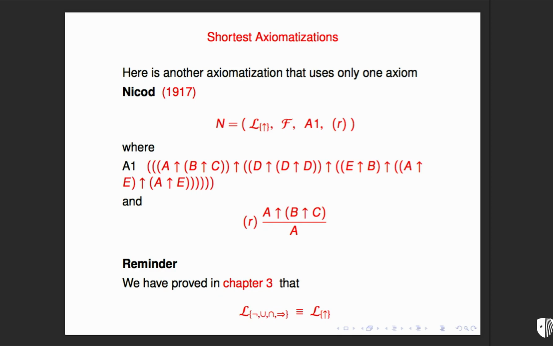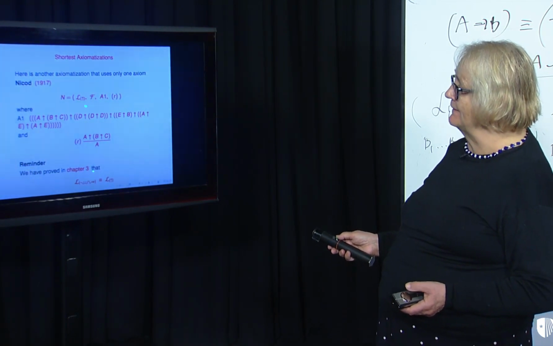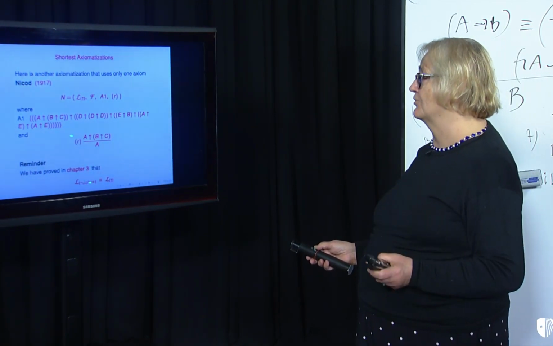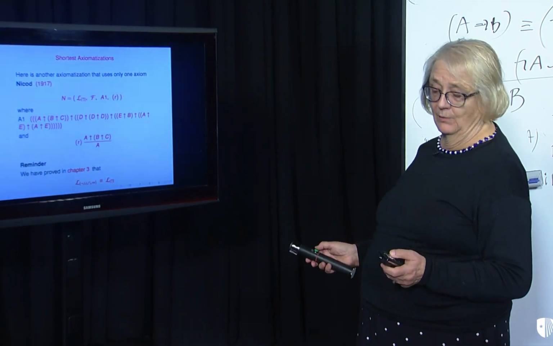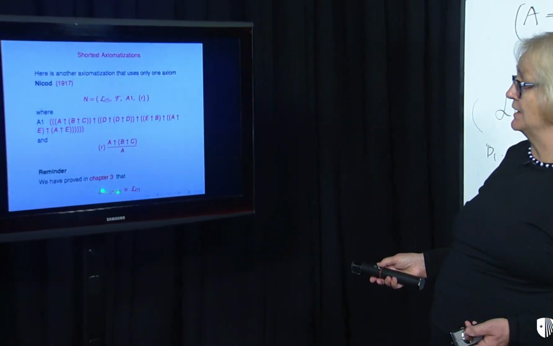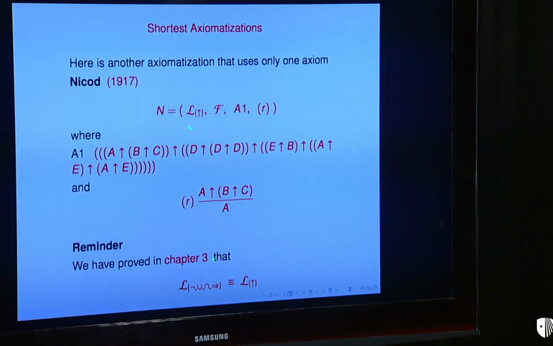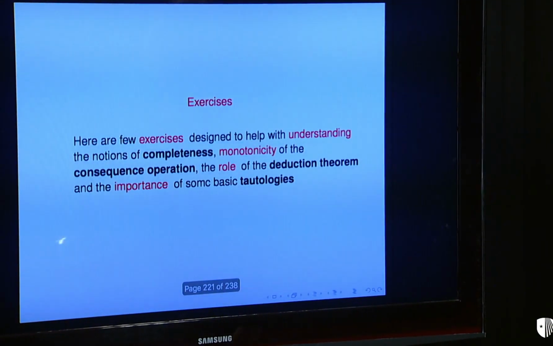He didn't prove completeness, but he said that we can have one axiom, with a form of modus ponens. So this is another axiomatization which uses one axiom and a language with only one connective. And we proved in chapter 3 that the full classical language is equivalent to the language with up arrow or down arrow.